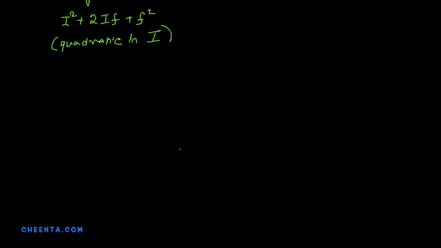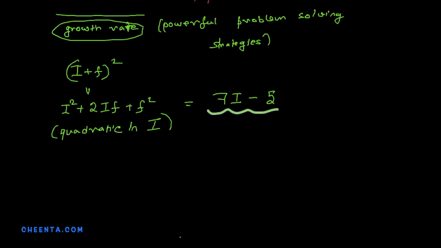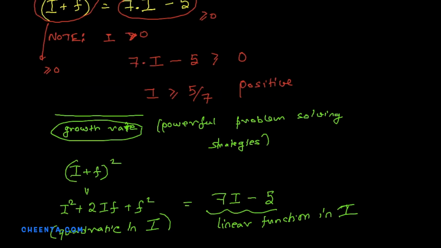Whereas the right hand side, 7I minus 5, is a linear function in I. This is not possible forever, for all integers except maybe some.